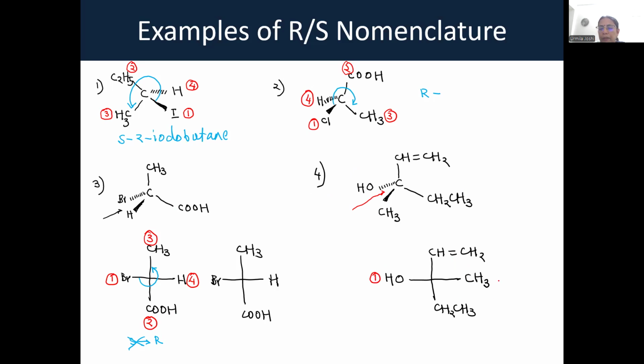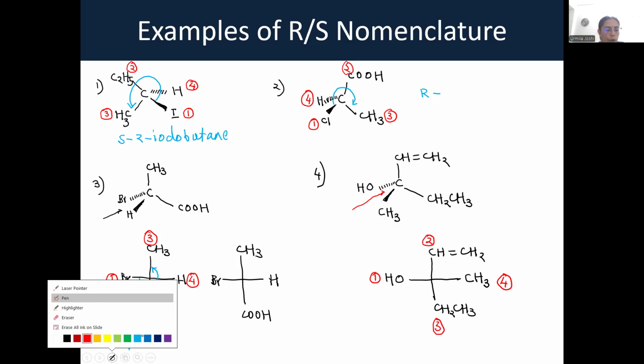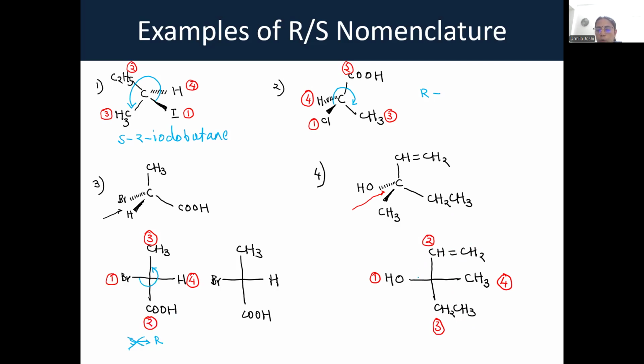Now assign the priority numbers. This is going to be 1. This is going to be 4. Right? Among these two, when there is an unsaturated carbon, there will be more number of phantom atoms created. And so this gets priority over this. Right? Now trace a semicircle going from 1 to 2 to 3.